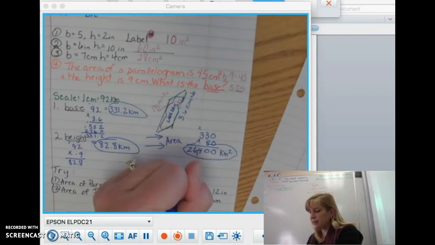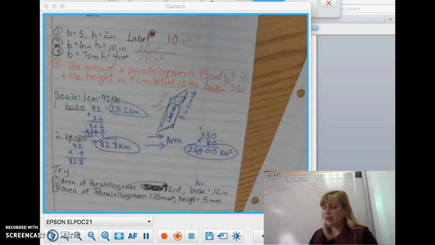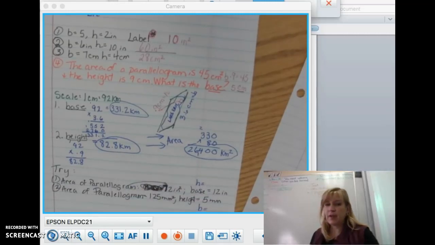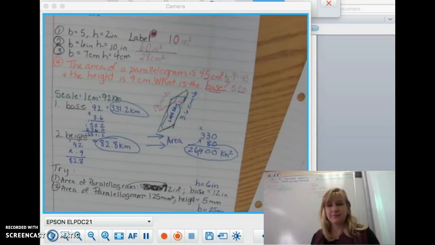I can't read my own writing. What is the height? Second one I want you to try is if I give you the area of 125 millimeters squared and we have a height of 5 millimeters, then what is the base? Okay, you can pause the video and try that for me.